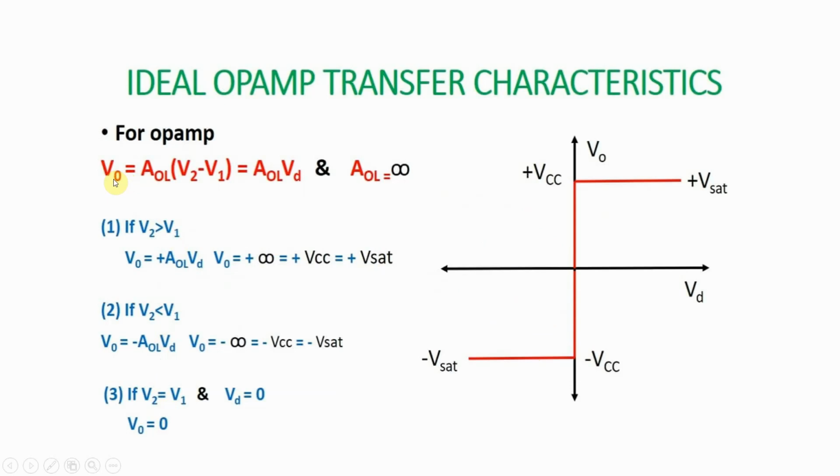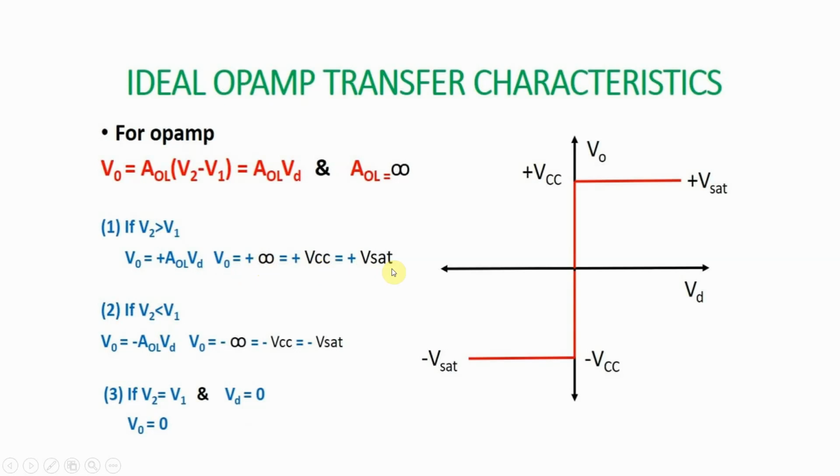For an op-amp, the output voltage is equal to gain into the differential input voltage. Consider the open loop gain of the op-amp is infinite, means it is very high. First condition, if V2 is greater than V1, then the output voltage is infinite, or equal to plus VCC, or equal to plus V saturation.